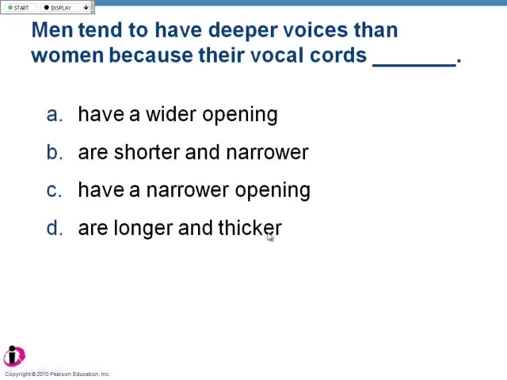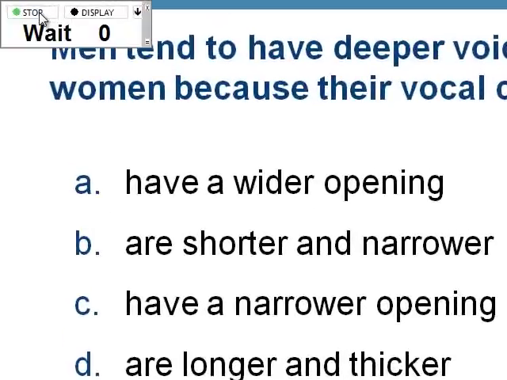All right, men tend to have deeper voices than women because their vocal cords are A, have a wider opening, B, are shorter and narrower, C, have a narrower opening, or D, are longer and thicker.